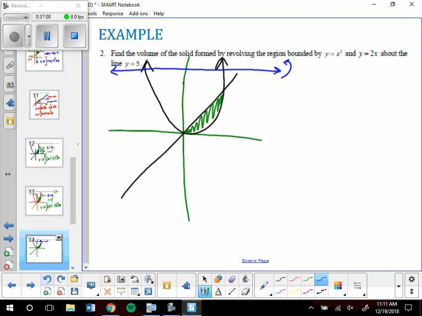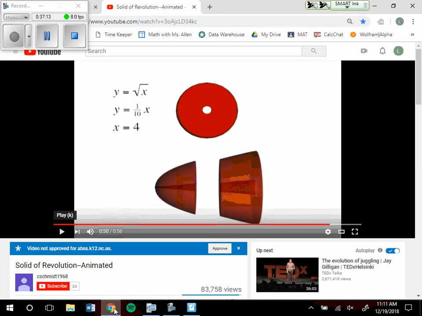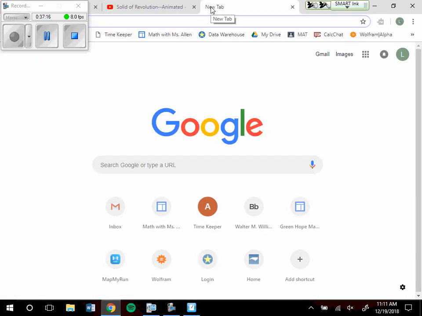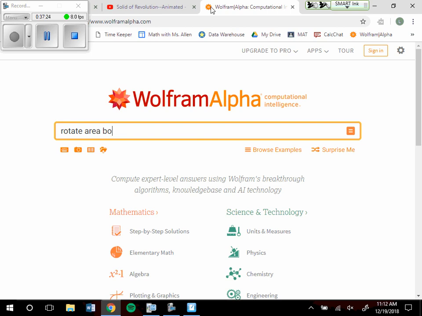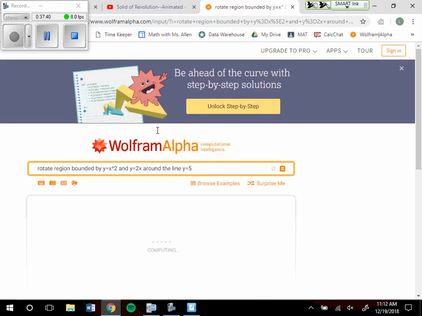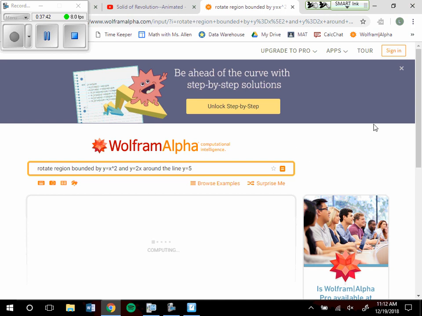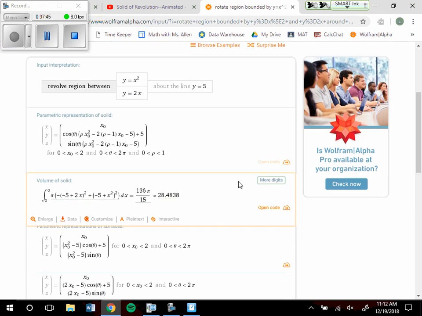I think Wolfram Alpha actually does a pretty decent job. We're going to try something. If we rotate the region bounded by y equals x squared and y equals 2x around the line... Sometimes Wolfram Alpha can do this. If not, sorry, YouTube.